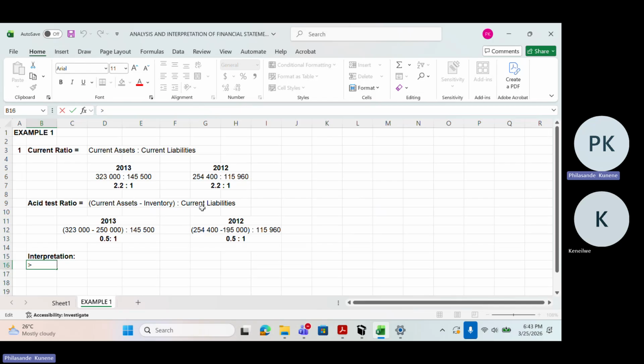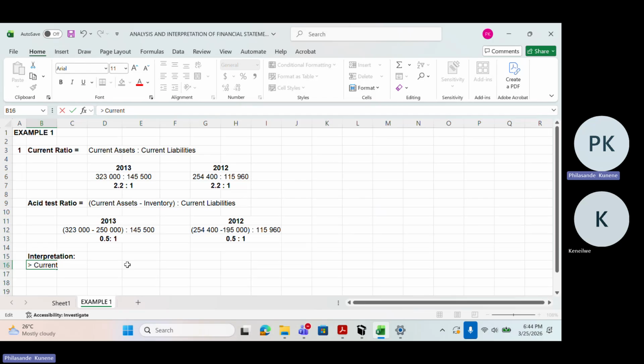Current ratio remained the same. It didn't increase, it didn't decrease, but it remained the same from previous year to the current year. It remained 2.2:1. That's the first thing we need to state. If it had increased, we would say that it has improved, or it has deteriorated or decreased.